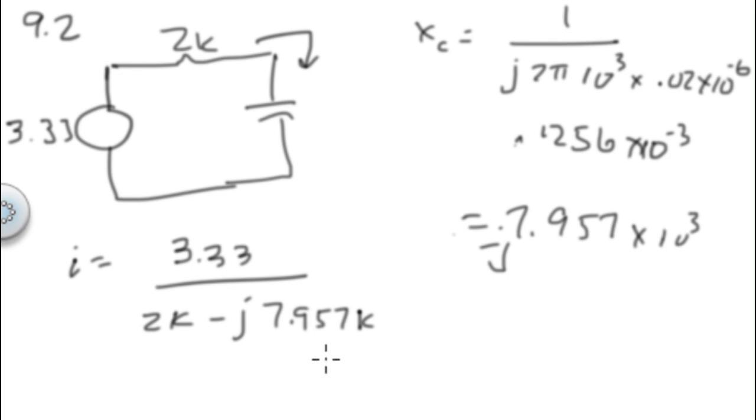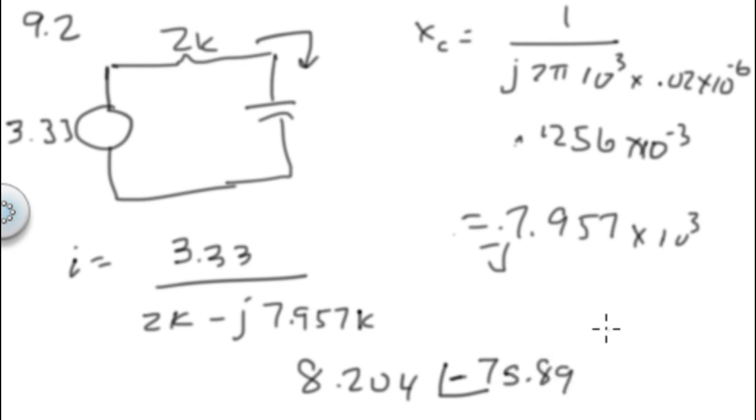So we've got to convert the denominator to polar, R to P, 7.957, which is 8.204 at angle minus 75.89 degrees. So the answer I is equal to 3.33 divided by 8.204 at angle minus 75.89.